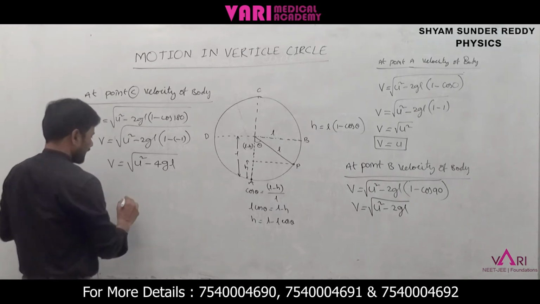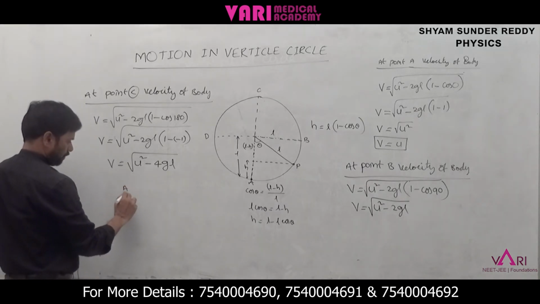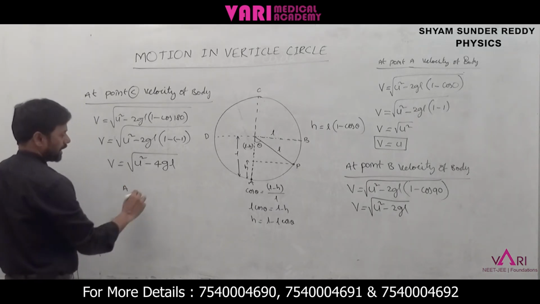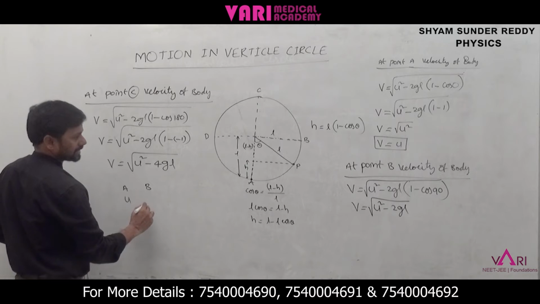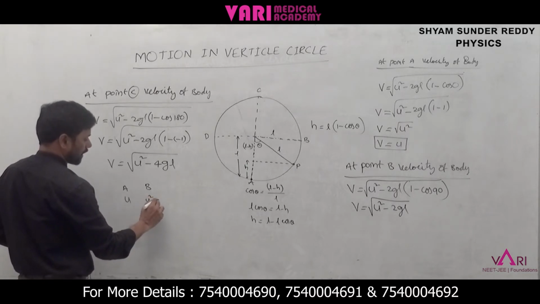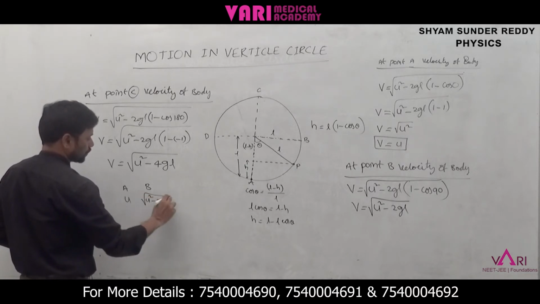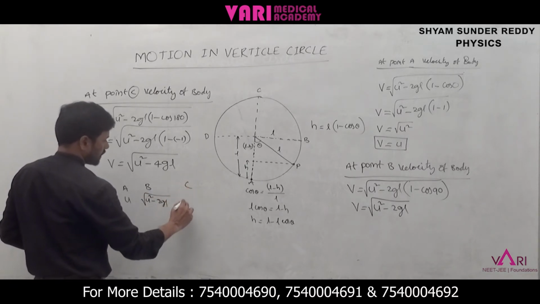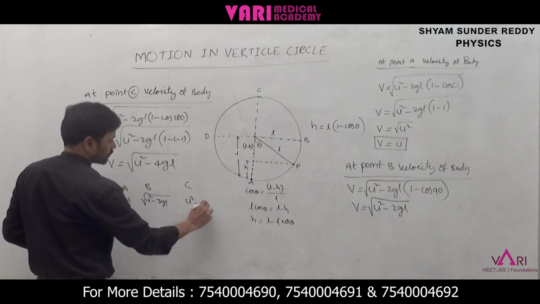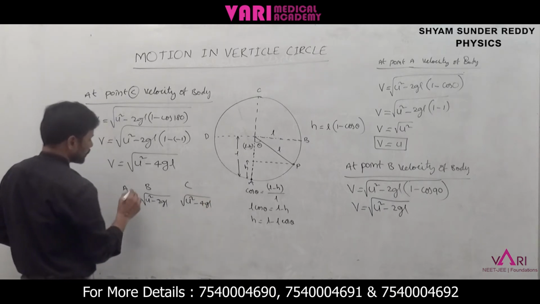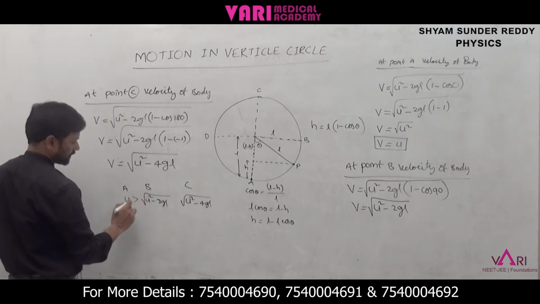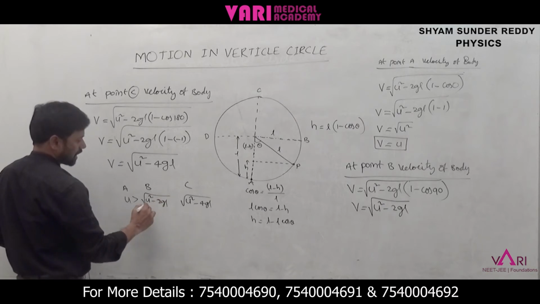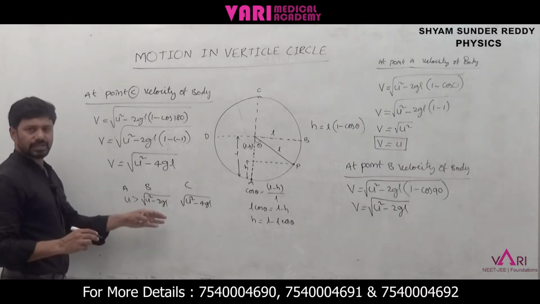Look at that. At point A the velocity is U. At point B, velocity is the square root of U square minus 2gL.